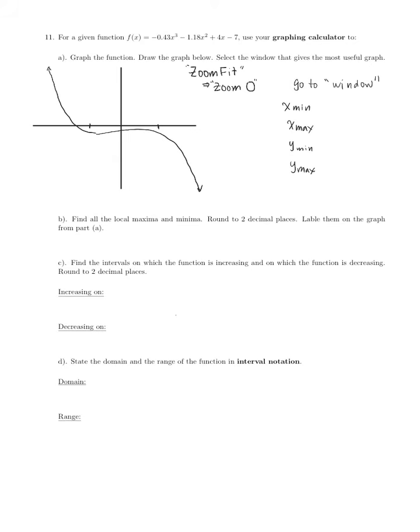Those are the only values I'm looking for. If we did it right, you're going to have negative 10 and 10, and I got y min to be negative 5, 15, and then y max to be 265. And then on the video, I showed you how to find the local minimum and maximum.